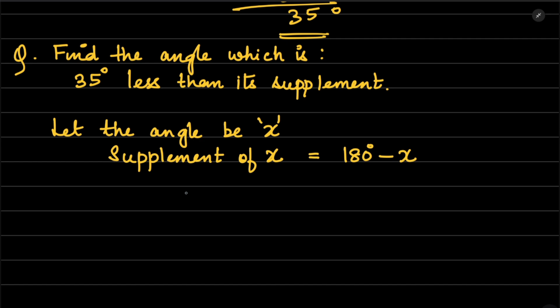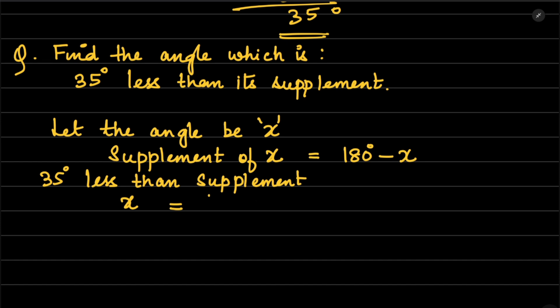So your x is nothing but 35 degree less than the supplement. What is your supplement? 180 minus x. This is your supplement. Minus, you have to subtract 35 from it.